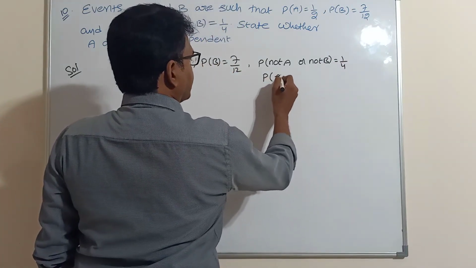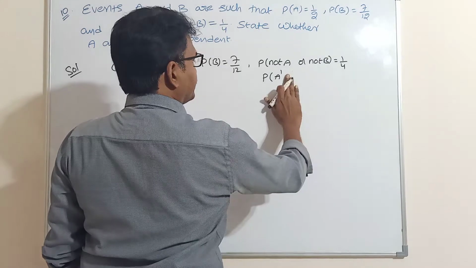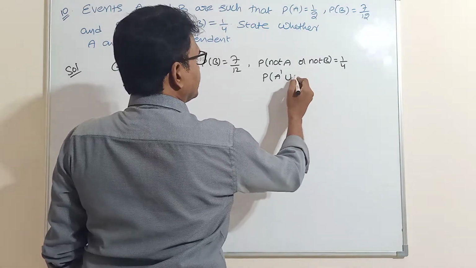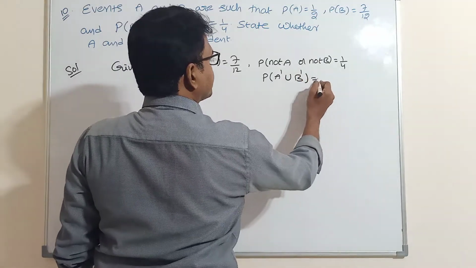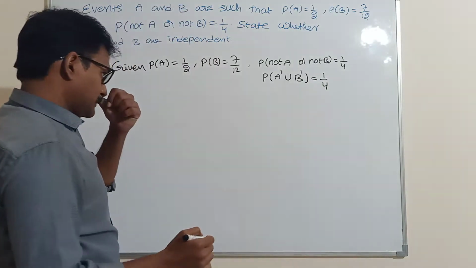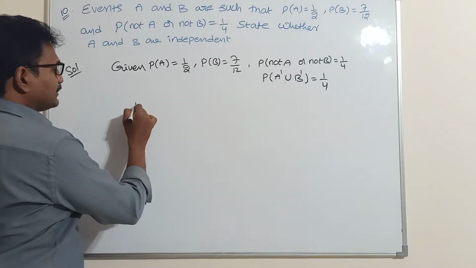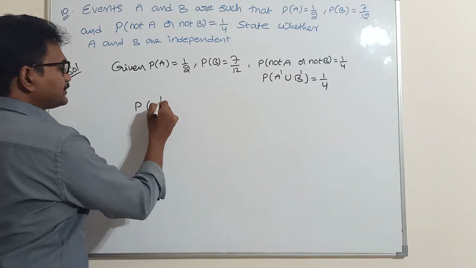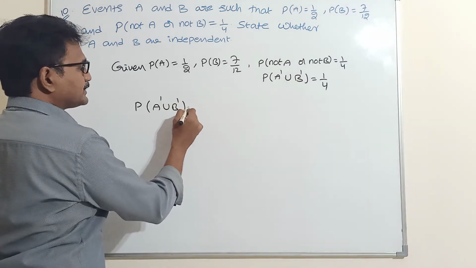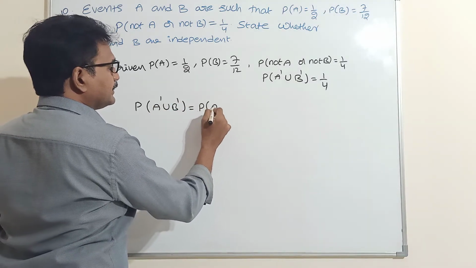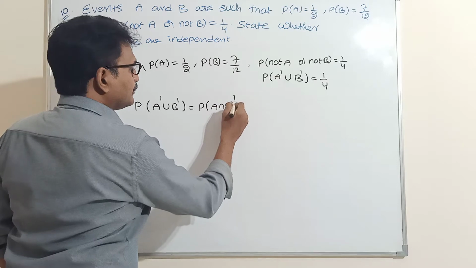Not A means A dash, or means union, not B means B dash is equal to 1 by 4. So the formula for P of A dash union B dash is P of A intersection B whole dash.